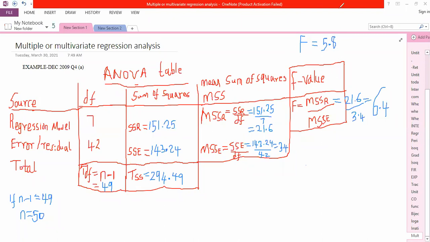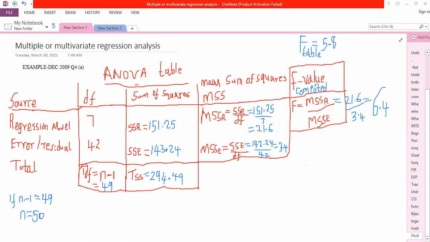The F value we have computed here is the F statistic, a computed value. The other one, 5.8, has been extracted from the table.